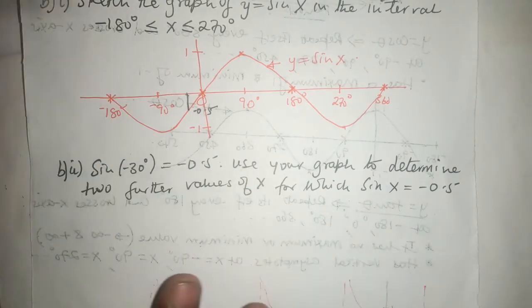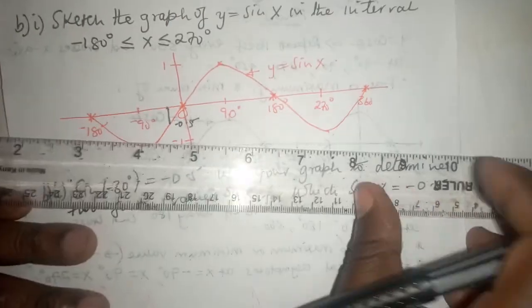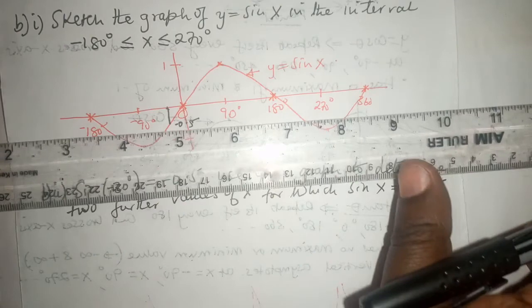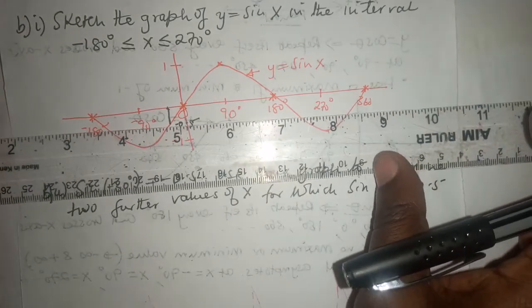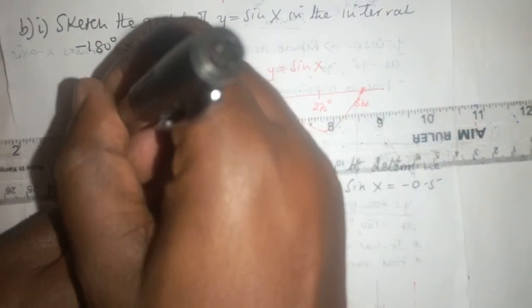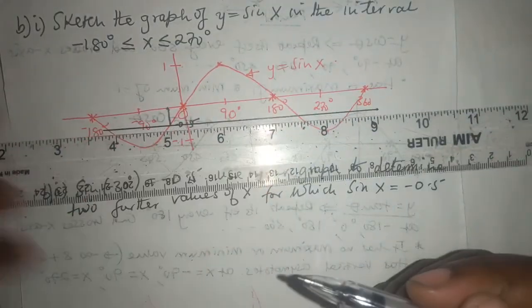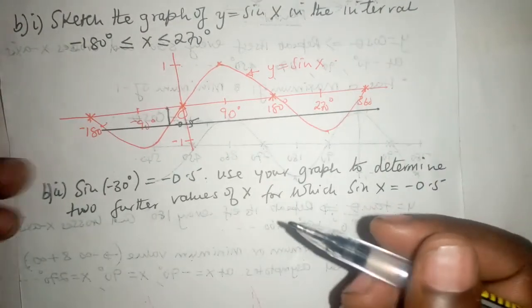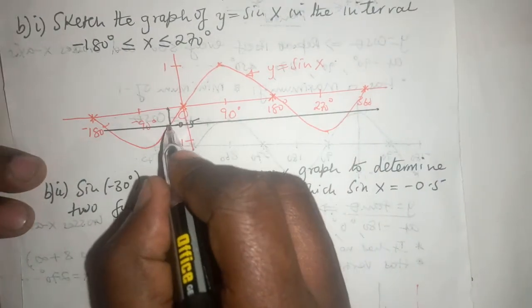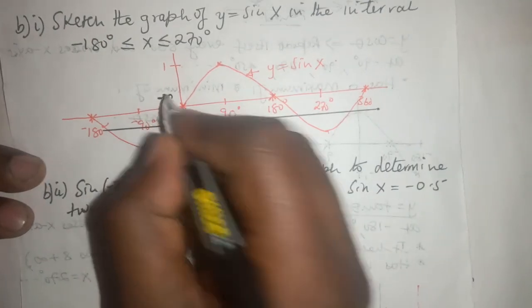So in my very straightforward approach to this question, I'll simply pick my ruler and draw a straight line where y is negative 0.5, and within that, this is one value of x which is negative 30 degrees.